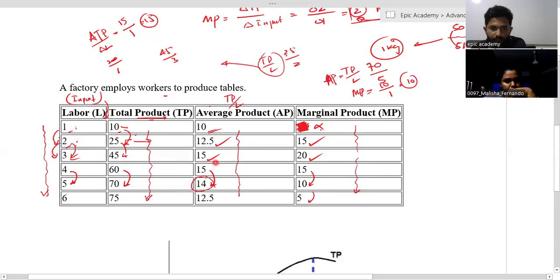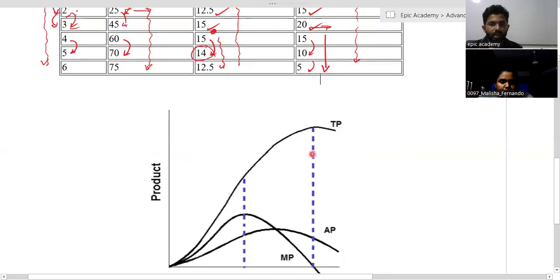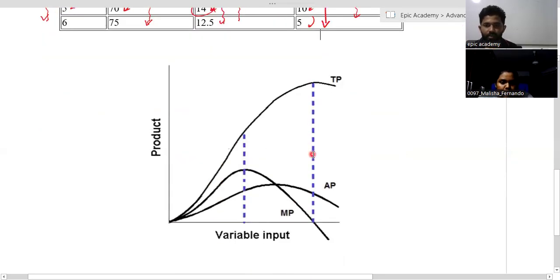After a certain point, the average production is going to be reduced. And what happened to the marginal production? After a certain production, the marginal production is also going to be reduced. So that is the behavior of the short-run production process related to any kind of organization. The behavior can be identified like that, isn't it? Yes. If you add 7, 8, 9, you can calculate it.